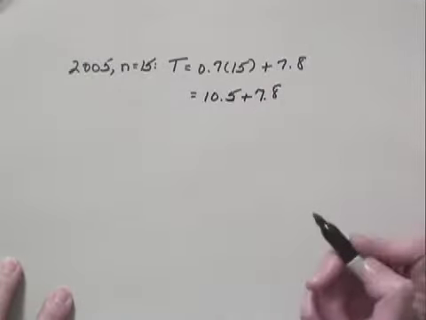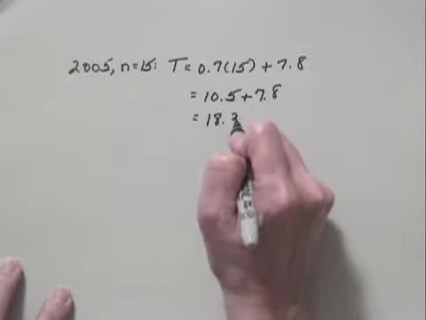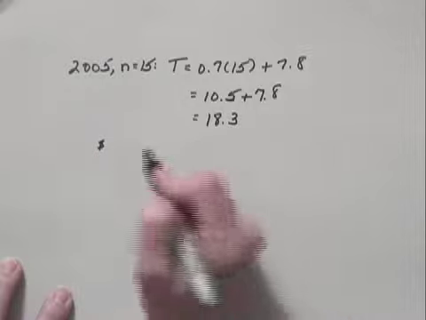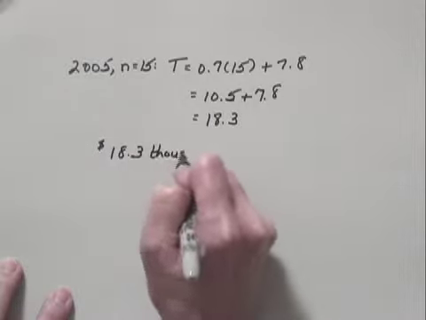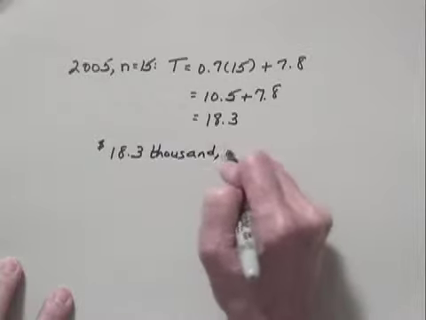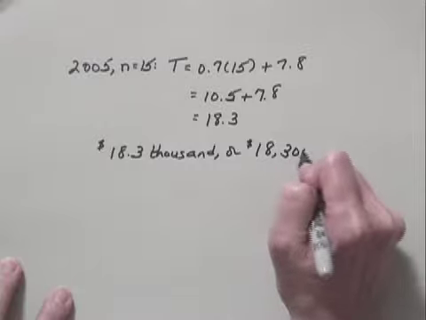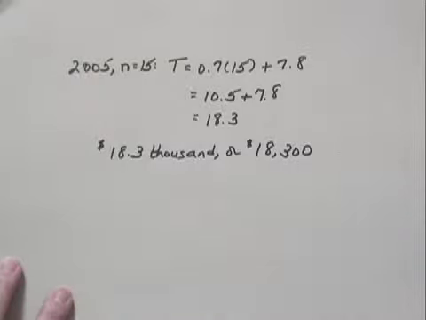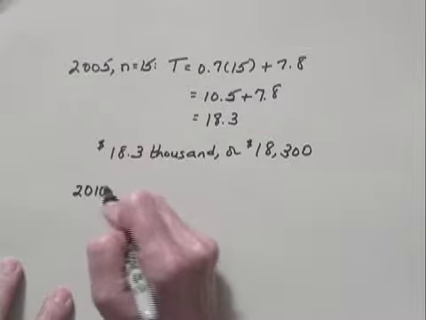And when we do this addition, then we get 18.3. And that tells us that the tuition in 2005 was $18.3 thousand, or we can write it this way, 18,300.